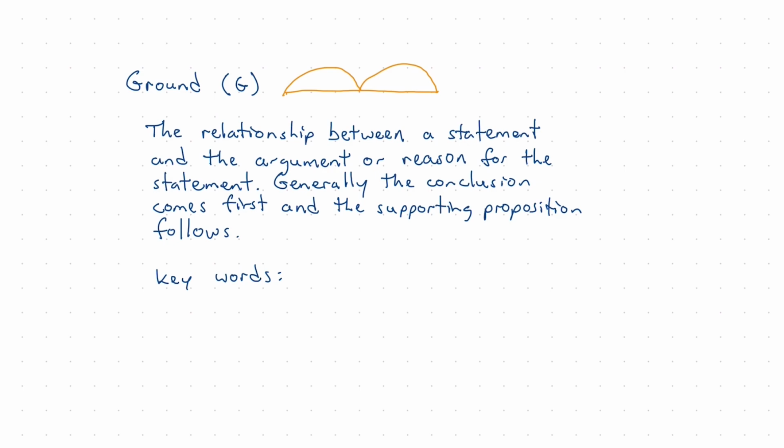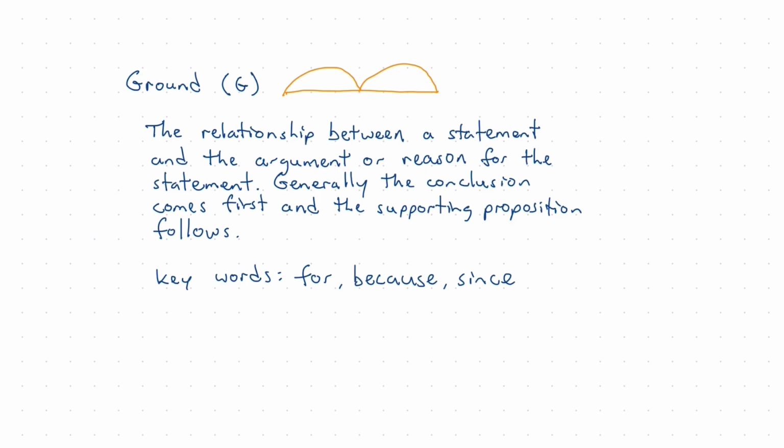Some of the key words you'll see for the relationship of ground are the words for, or because, or since. There may be other words that are translated, but those are the most common that you'll see. Words that signal purpose, especially in the use of the word for, but when there's a statement of purpose, where a proposition is given, and then the argument or the reason for that statement is given.